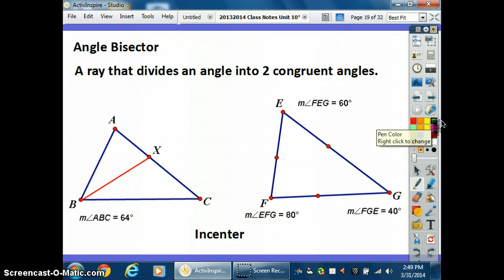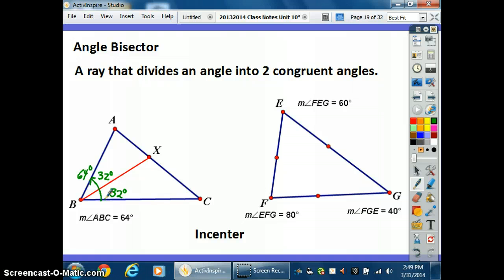I'll write it in here. This is 64 degrees, that whole thing. Then what are the two smaller angles now? Well, wouldn't this be 32? And this one would also be 32 because I've bisected, I've cut it in half.